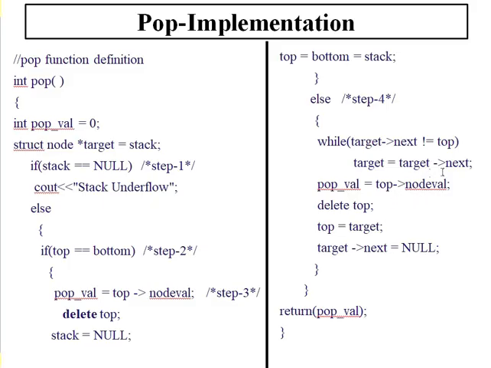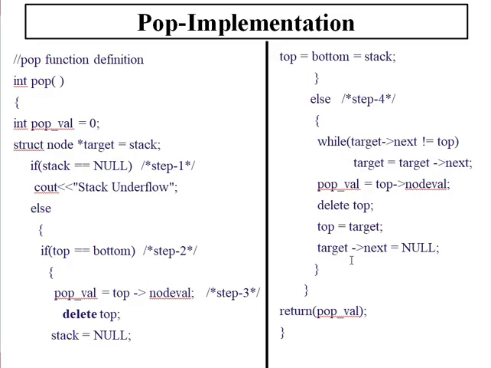Then once we reach that point, we assign the value of the top node to pop val, because that value should be returned to the caller function. Then after that we can delete top. Then the adjustment we should do is that top should be equal to the target, because we moved to the node that will be set as the new topmost element using this looping statement.